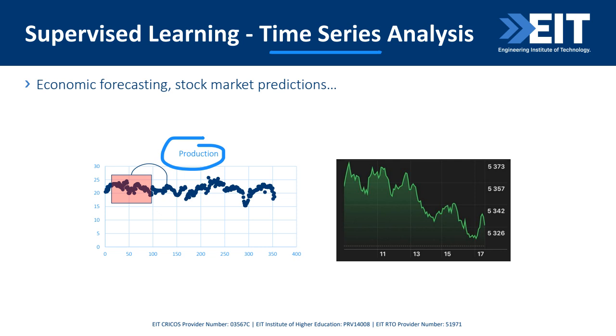Probably demand, if I sell ice cream, the weather could be a predictor of how much ice cream I'm going to sell. Okay, so we can use such information to predict the sales or production or stocks, which is quite difficult actually to predict.